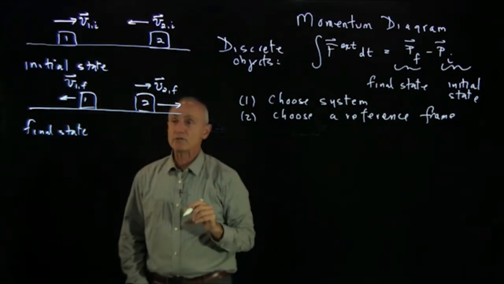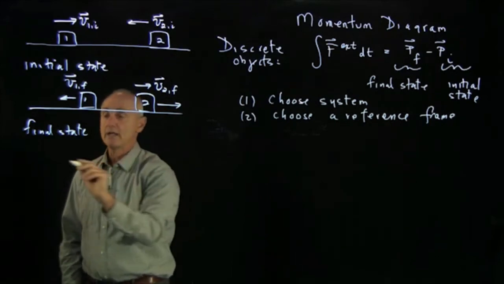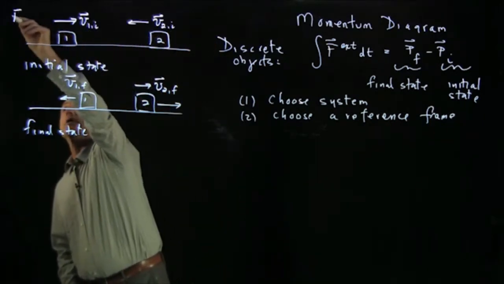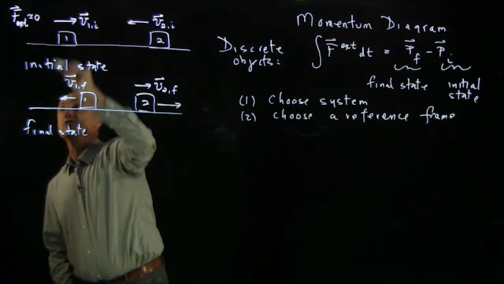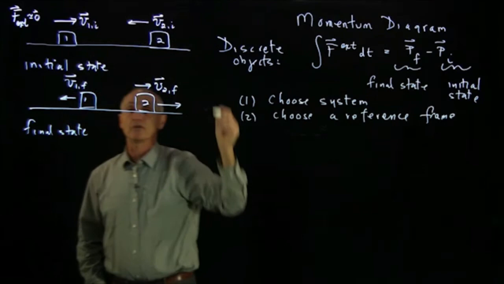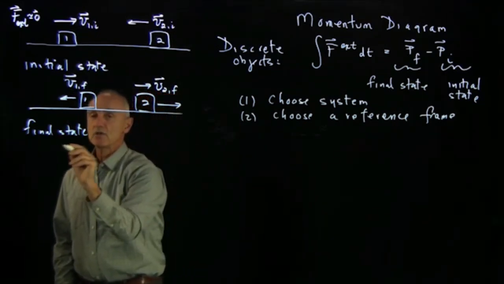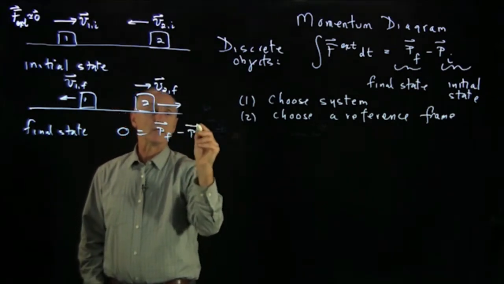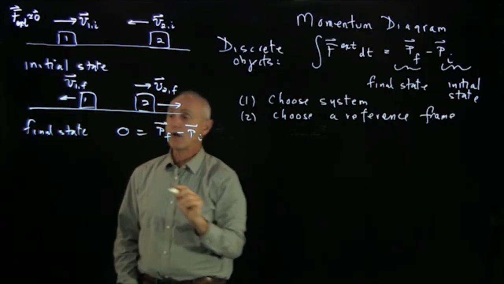And then we can represent the change in momentum. So our momentum principle now becomes, in this case, let's just assume that the external force here sums to 0. We're assuming no friction. Then our momentum principle says that 0 equals p final minus p initial. Now we can read off those momenta as vectors on the diagram.